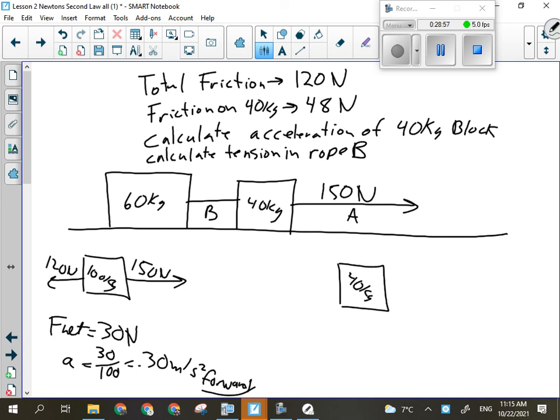So 40 kilograms, it's being pulled this way by 150 newtons. It's being resisted by 48 newtons worth of friction. Question told me that. And what else is resisting it? The 60 kilogram block, which is going to be the tension in B. That's the other force pulling backwards on the front block, and that's the one I'm being asked to find.